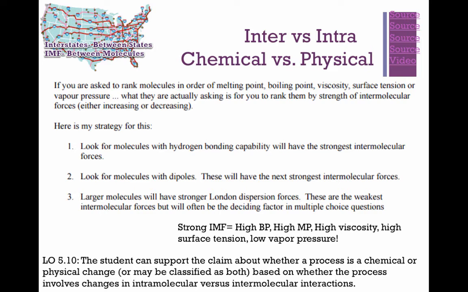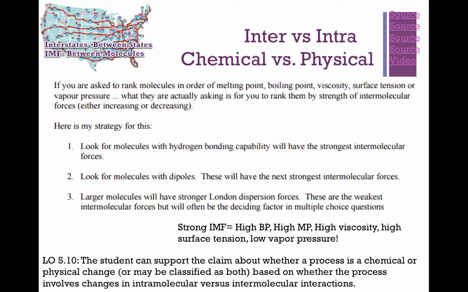Dispersion. Because they're all CH bonds, and every CH bond is nonpolar. So the strongest we could have in C2H6 is dispersion. What's the strongest we can have in CH4? Dispersion. Okay, so they both can only interact using dispersion, but we can compare the strength based on the number of electrons.